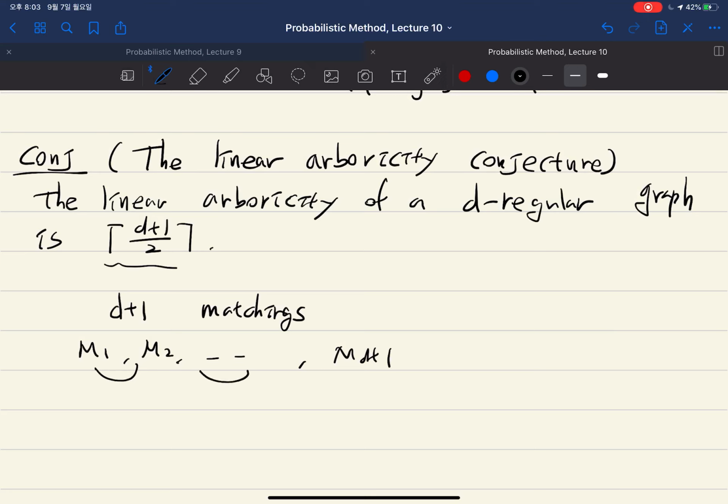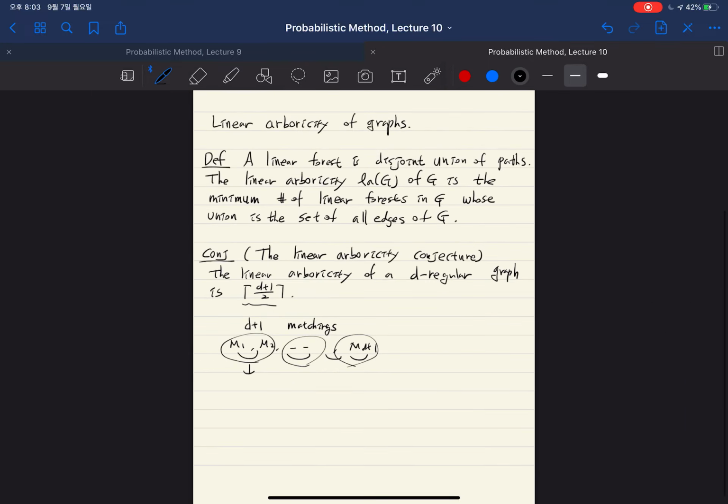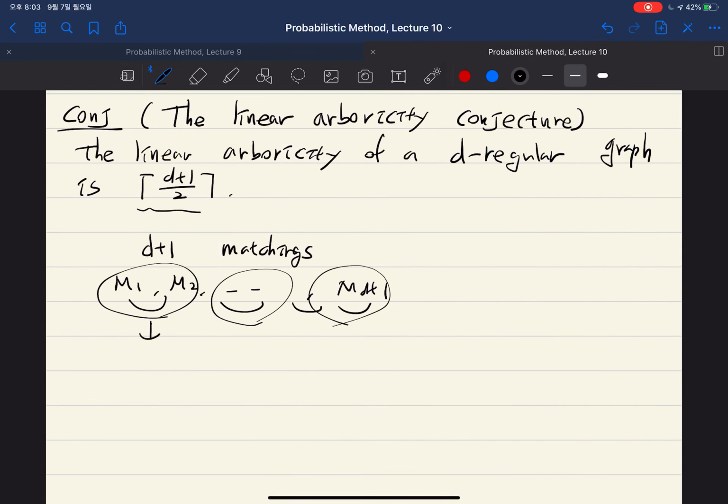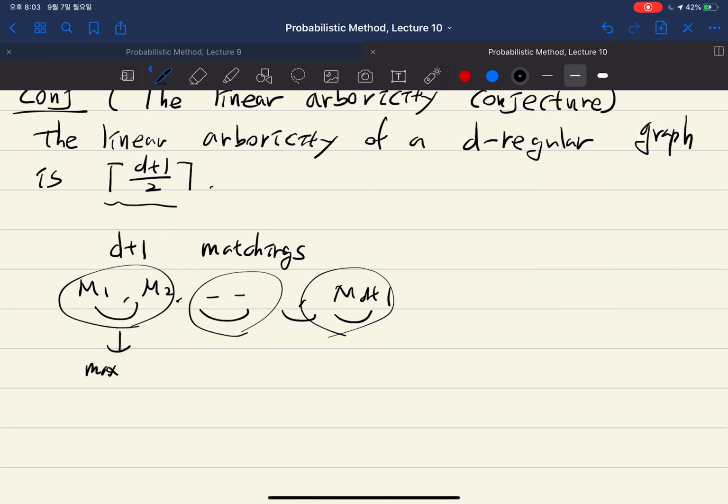If you pair each two of them together, then these two together form a graph with maximum degree at most 2. So it's a disjoint union of cycles and paths.